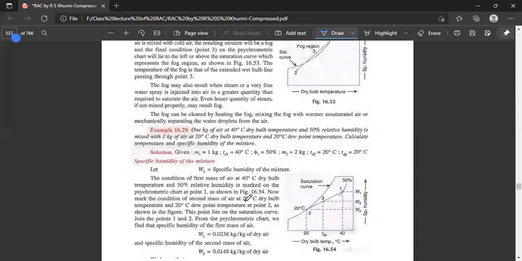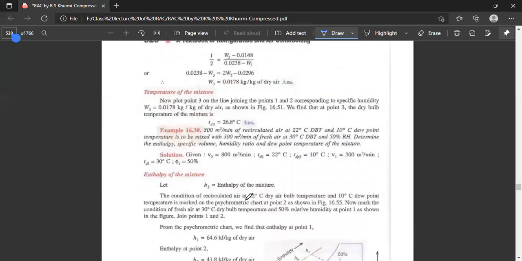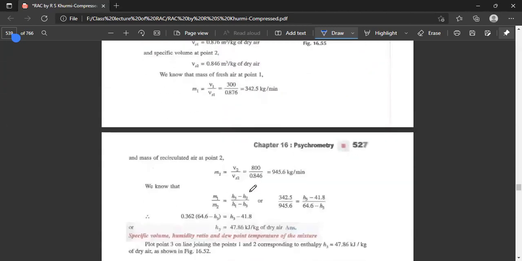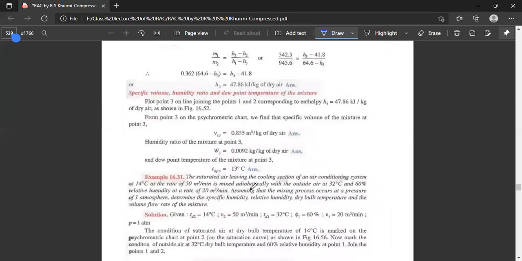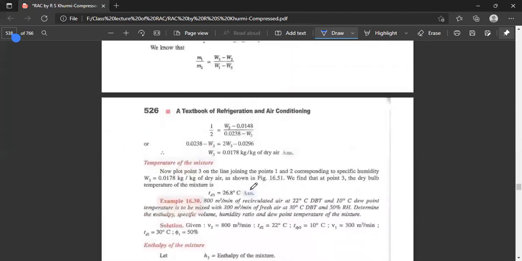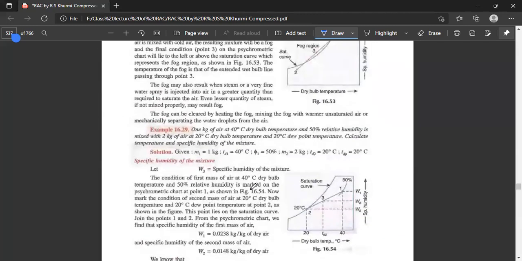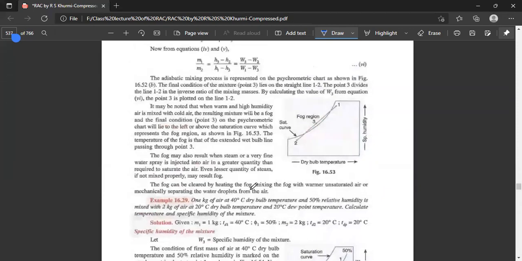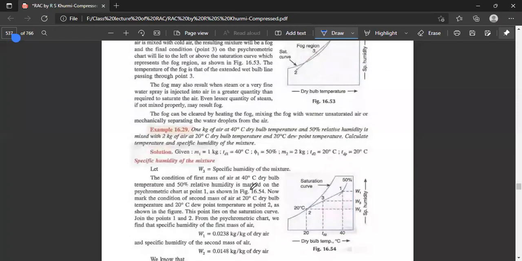Let us go to problem 6.29. 1 kg of air at 40 degrees centigrade dry bulb temperature and 50% relative humidity is mixed with 2 kg of air at 20 degrees centigrade dry bulb temperature and 20 degrees centigrade dew point temperature.